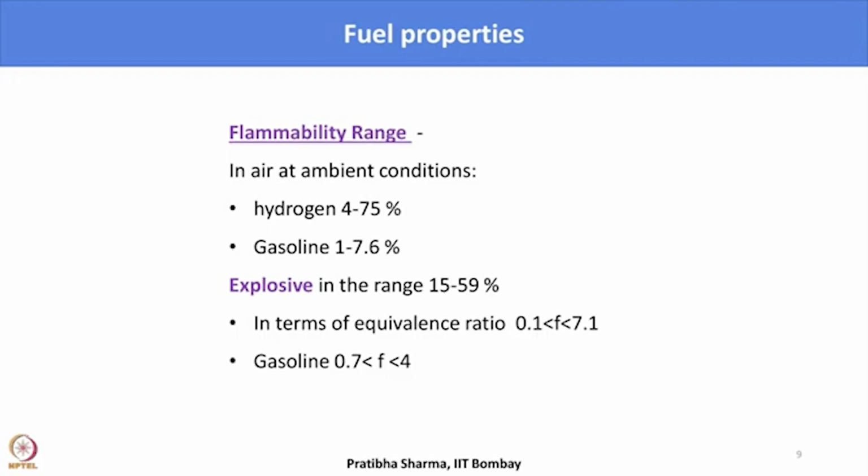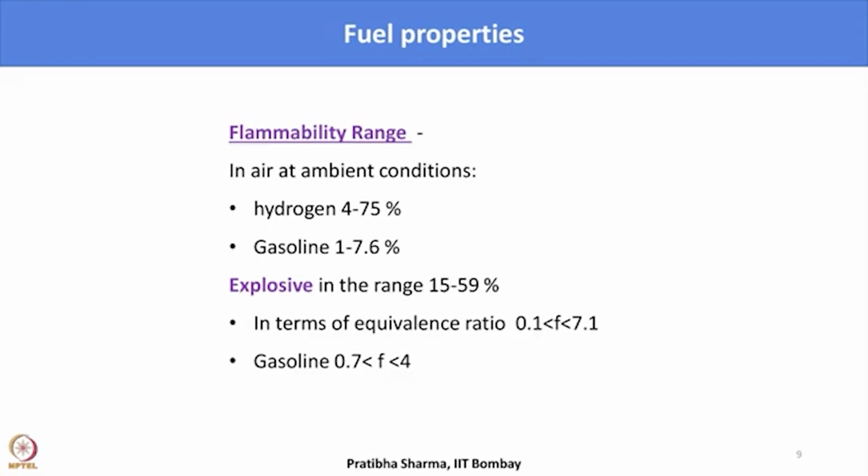Below the lower flammability limit, the mixture of air and fuel is leaner in fuel, so that it cannot be combusted. On the other hand, the upper flammability limit is defined as the highest concentration which can support a self propagating flame when it is mixed with oxidant and ignited. Beyond this upper flammability limit, the combustion cannot sustain because the concentration of oxidant in the combustible mixture is low.